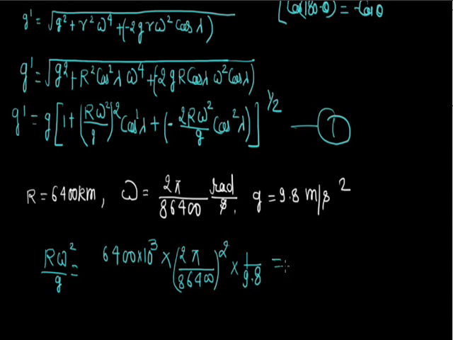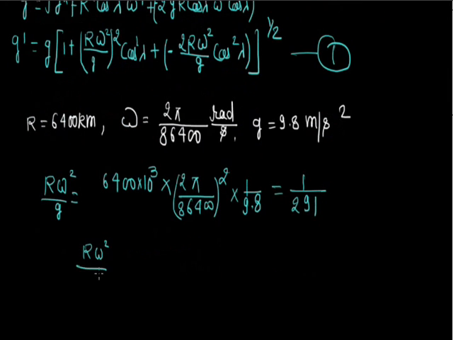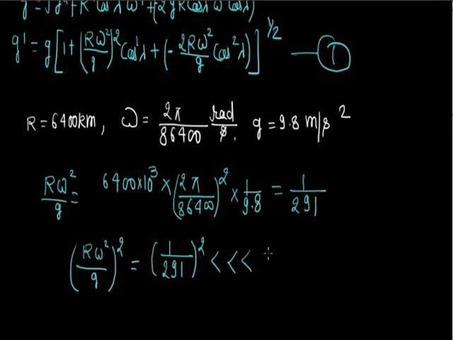So it will be approximately 1 upon 291. So R omega square upon g whole square, that is 1 upon 291 whole square, will be very less than 1.